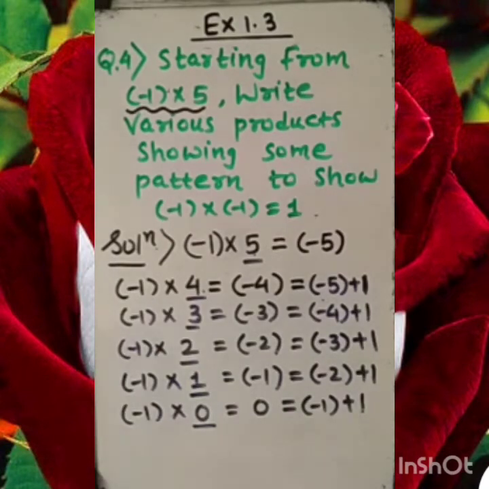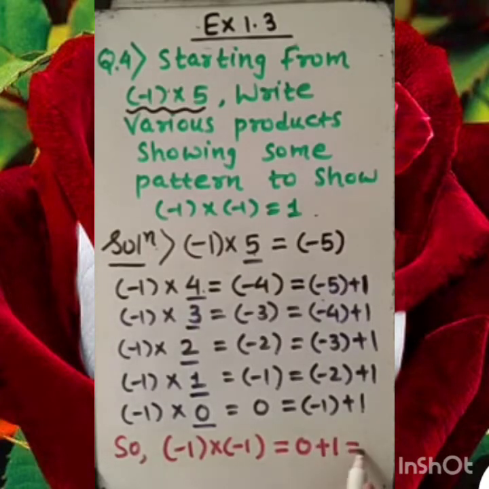If we multiply minus 1 with minus 1, we can write it in another way as 0 plus 1 equal to 1.